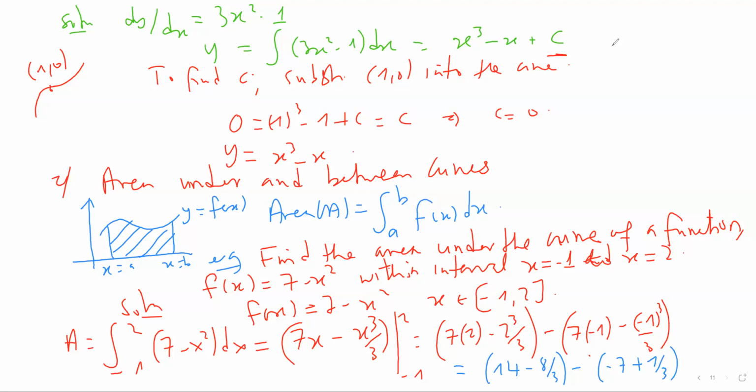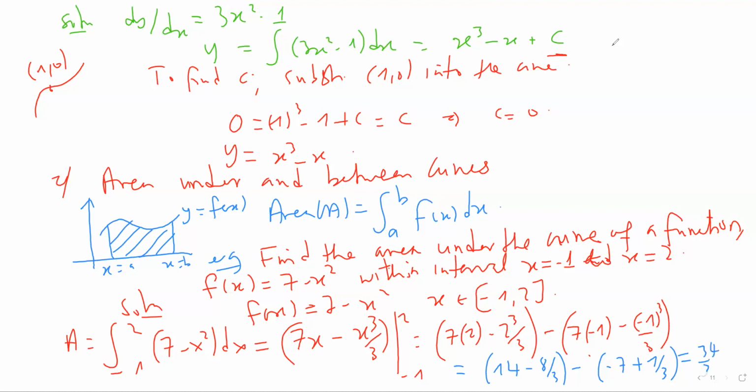So 14 minus 8 over 3 gives us 34 over 3.